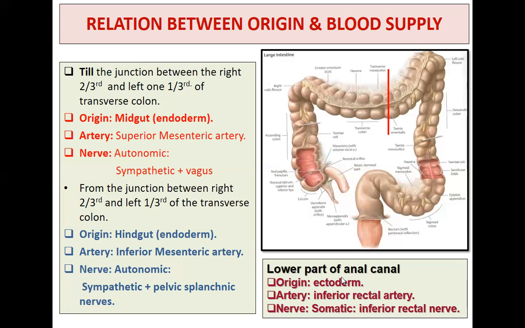So it is neither from the foregut, midgut, or hindgut, but the lower part of the anal canal develops from the ectoderm, from outside. So it is supplied by the artery supplying the outside part, the inferior rectal artery. And the nerves are somatic, because it develops from skin and other structures, so it is supplied by the somatic inferior rectal nerve.